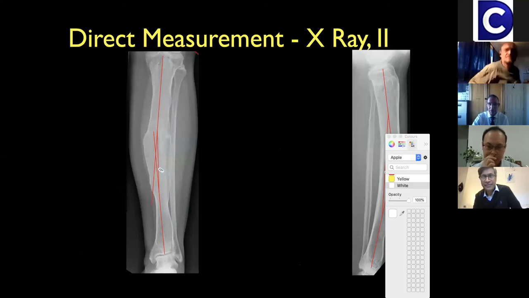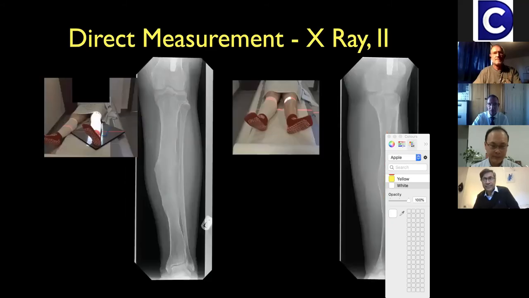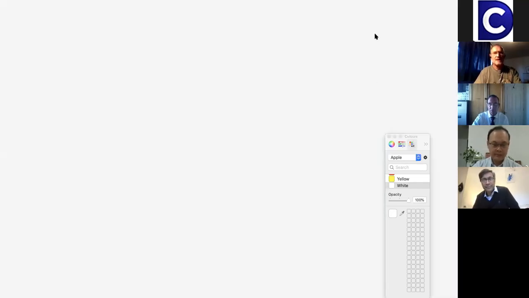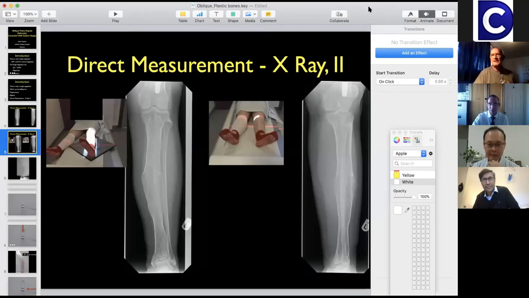Can you delete the palette at all or move it off the screen? I can, yeah. Just give me a second and I'll move it out of the way. You probably have to stop your screen sharing. Stop presentation for a minute. Yeah, no, there we go. Right, so if I can get rid of the palette.